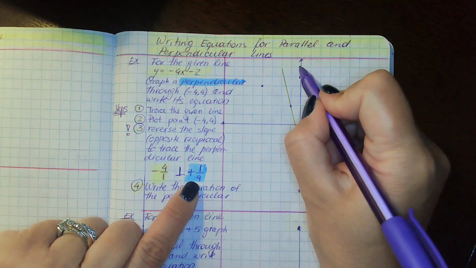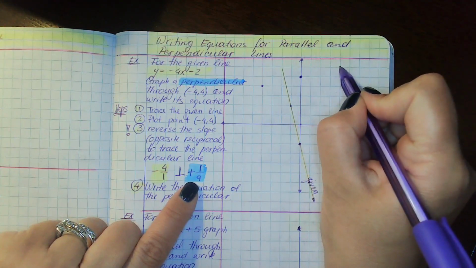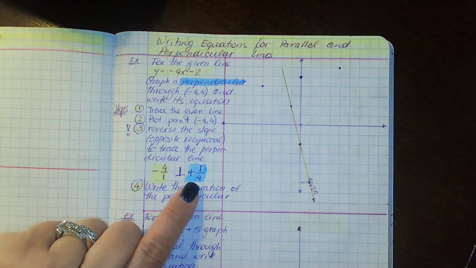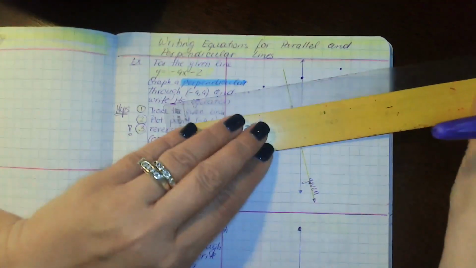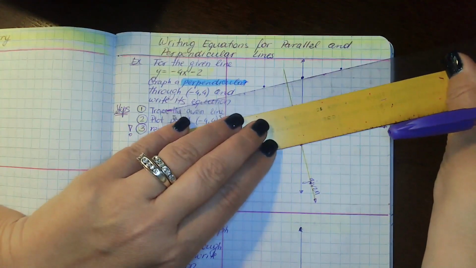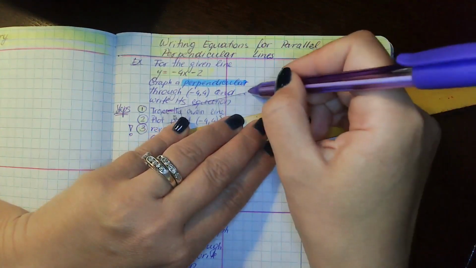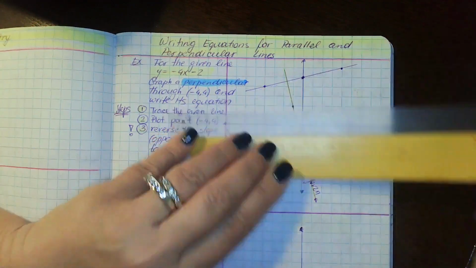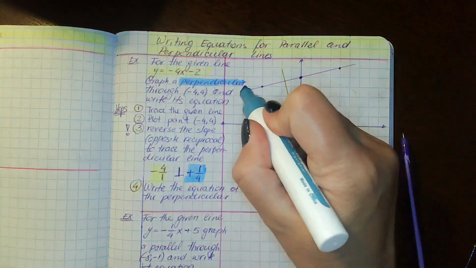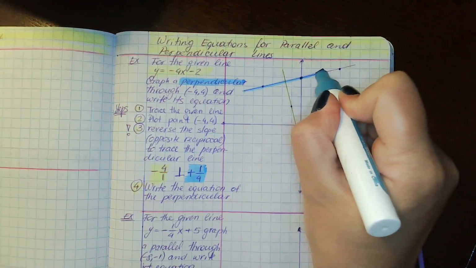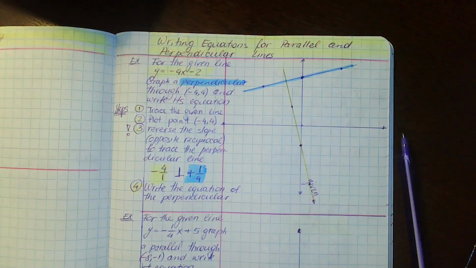I can go again 1 over 4 and keep going using the same slope. Now check this out. Once I connect these points, the given line and the perpendicular blue line are crossing at exactly 90 degrees.